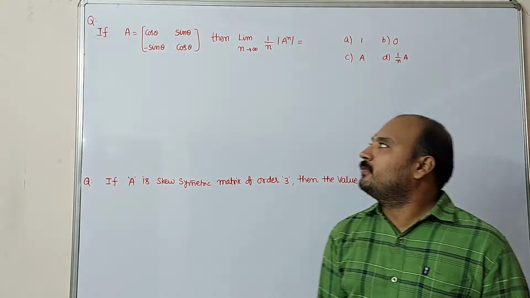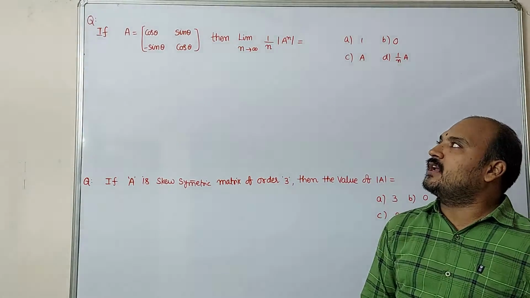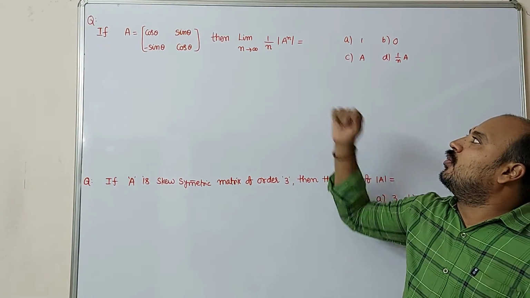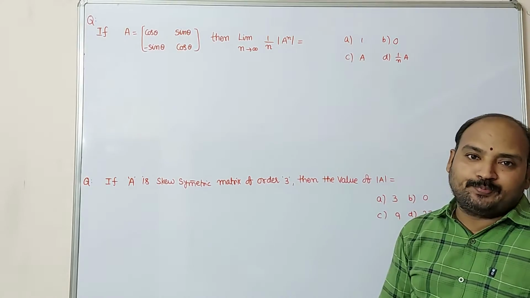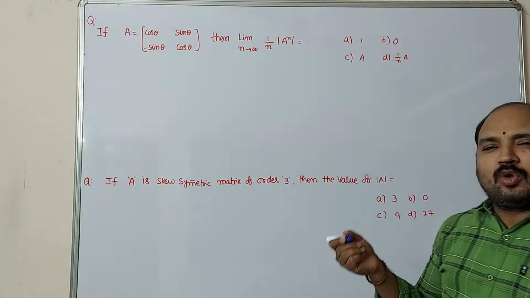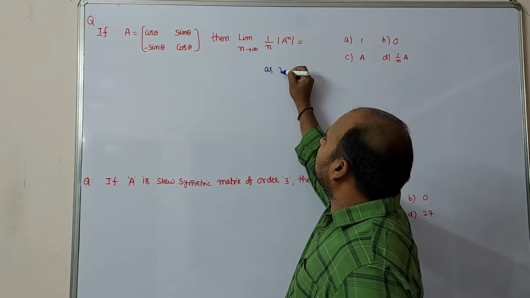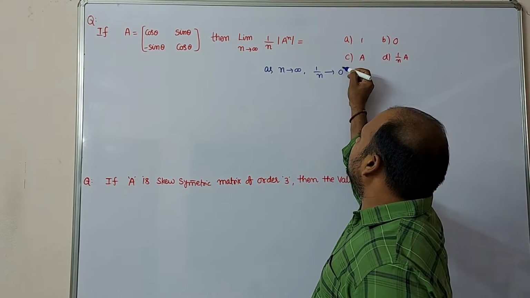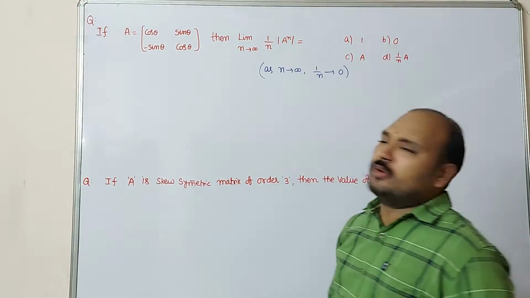The next question: if A equals cos theta, sin theta, minus sin theta, cos theta, then limit n tends to infinity of 1 by n into det A power n equals? See here, without finding it also we can write. As n tends to infinity, 1 by n goes to 0, so the limit value goes to 0. Why?